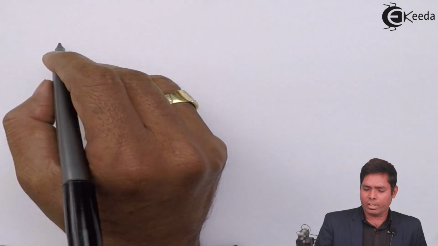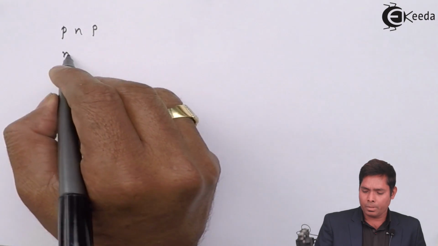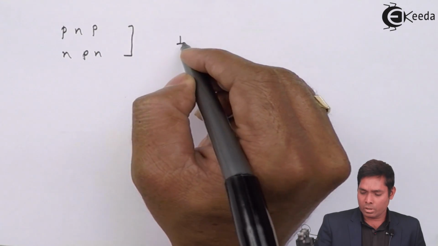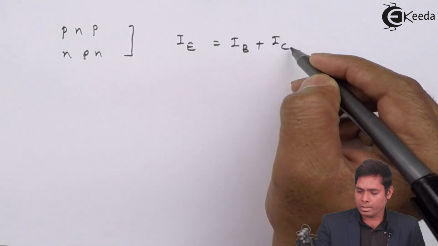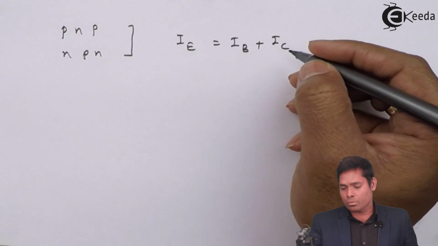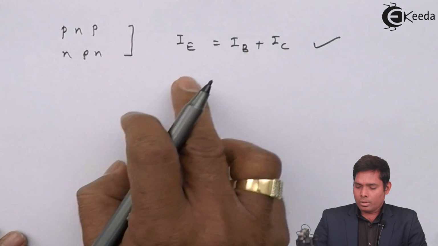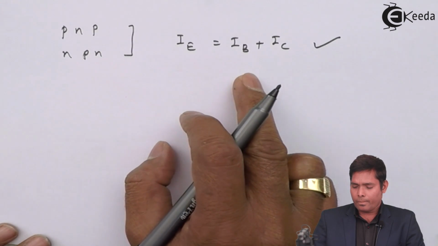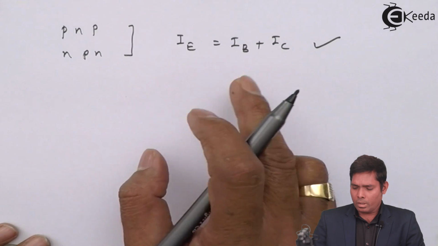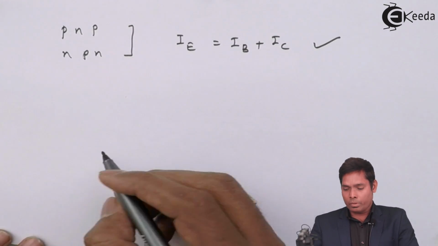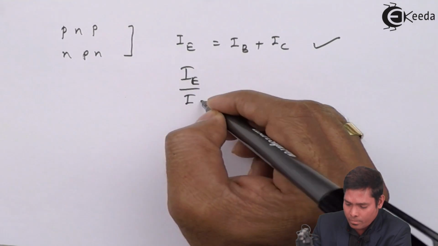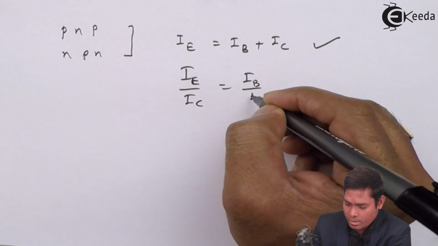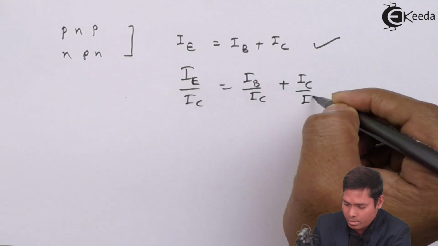Now we also know that for any transistor, whether it is PNP or NPN, we have the relation that emitter current is base current plus the collector current. You can apply Kirchhoff's current law also. Now, if I divide this equation by IC, this will be IE over IC, this will be IB over IC, and this will be IC over IC.